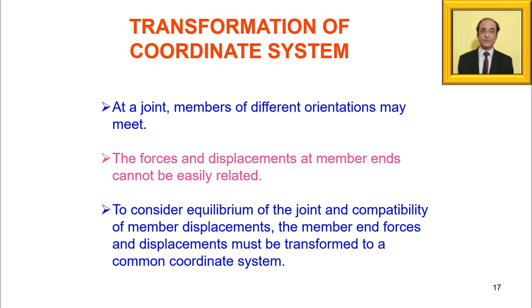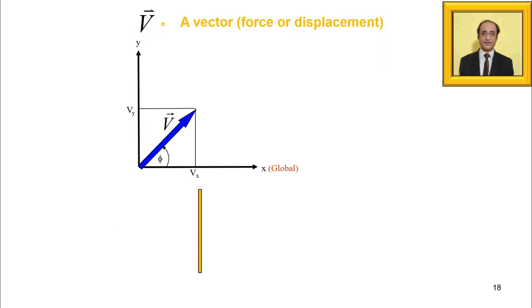Okay, let's see how we do it. So we have to transform both the forces and the displacements. Even displacements also we need to transform. Then only we will be able to do compatibility enforcement. And similarly we have to transform the forces so that we do equilibrium condition application. So now we have this vector. Vector can be force or vector can be displacement.